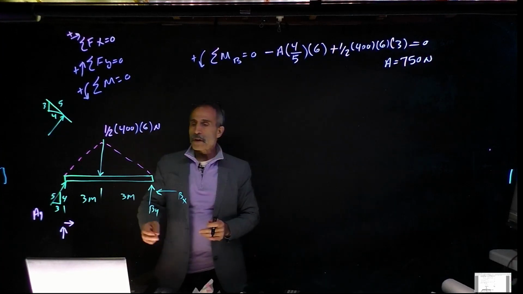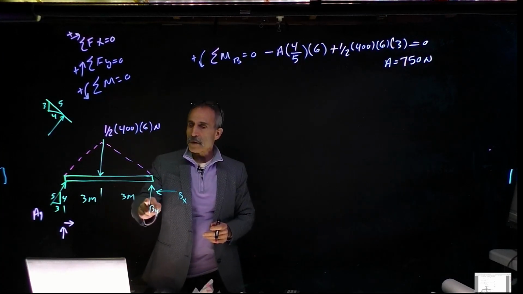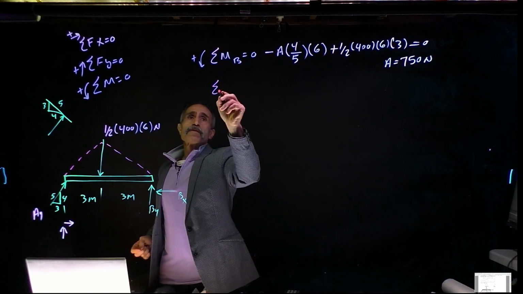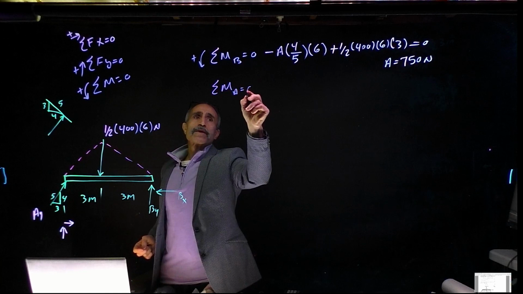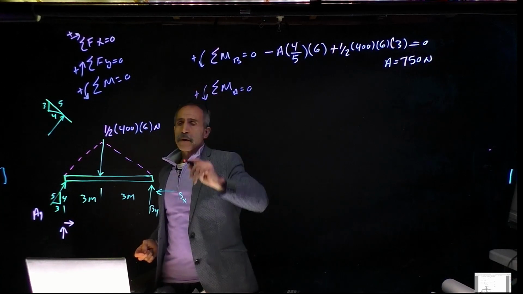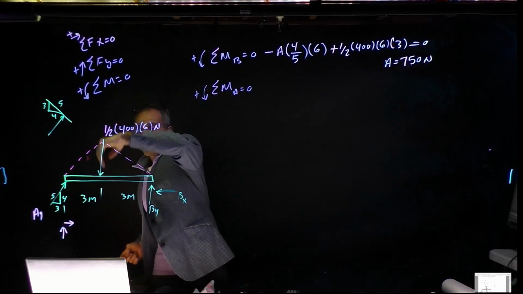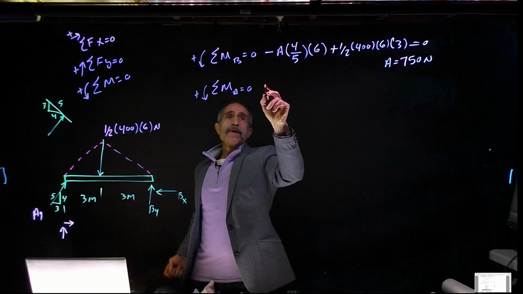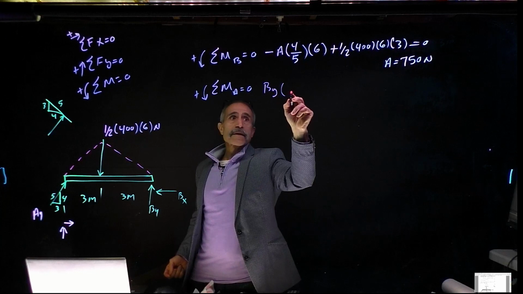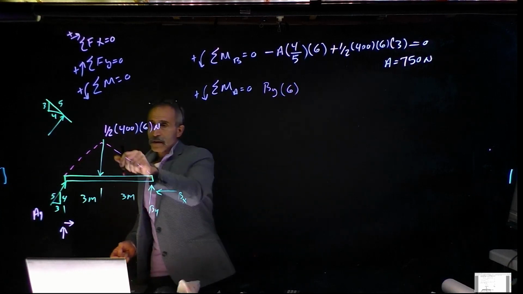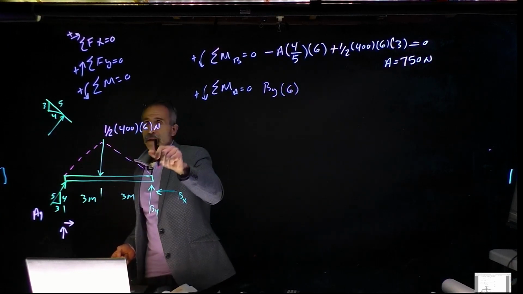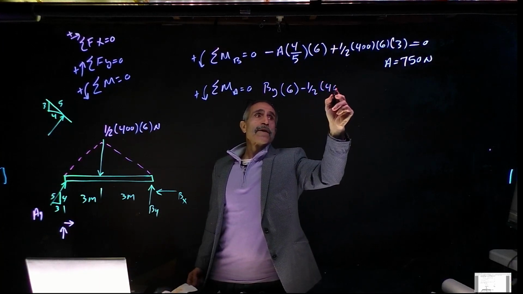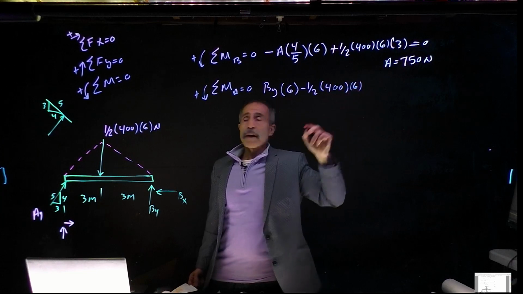There you go. We could go ahead and do the summation of F y, but let's do something different and take a moment at this point. The summation of moments about point A is equal to 0, counterclockwise positive. Starting from here, this one is in the same direction, counterclockwise, so it's B y times 6. The next one is kind of clockwise, so it's negative: minus one half times 400 times 6, that's the magnitude, times 3.